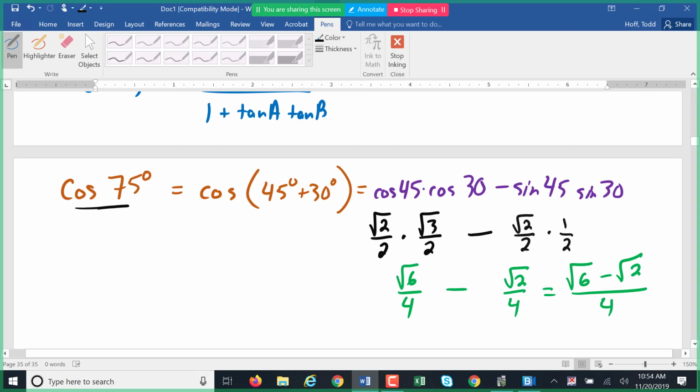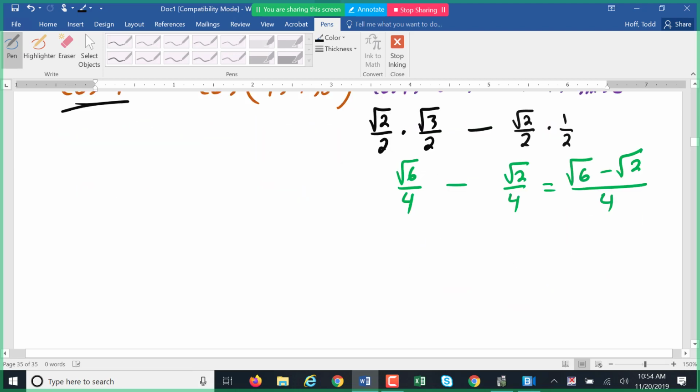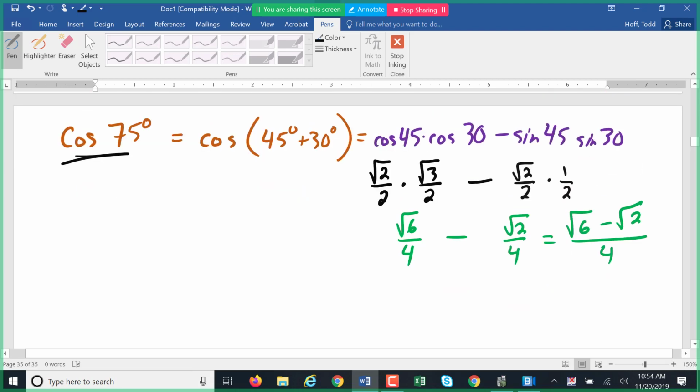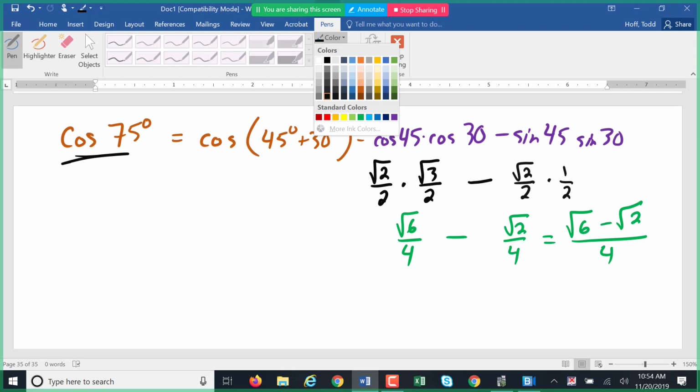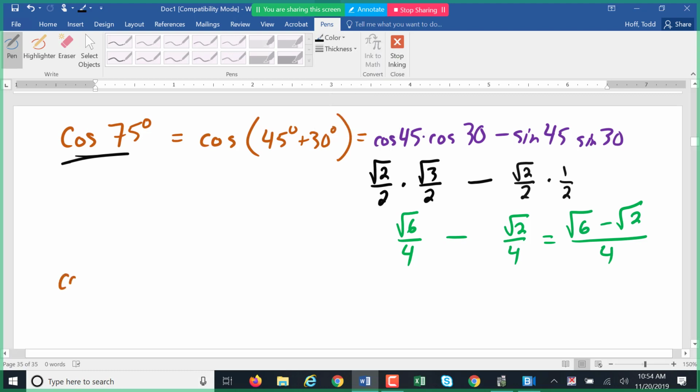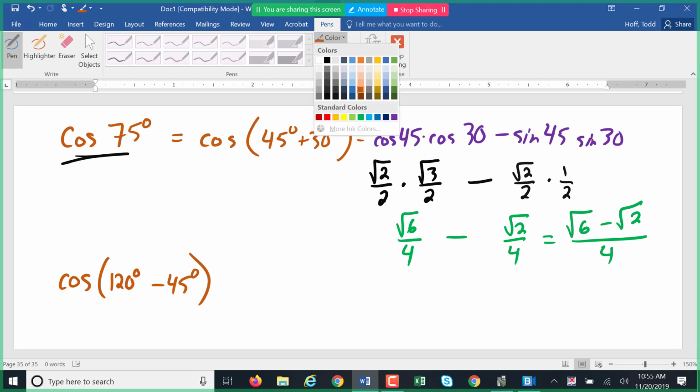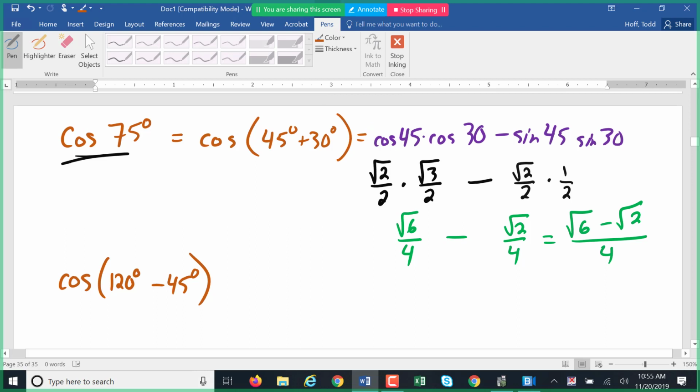Another way I could have found the cosine of 75 degrees is I could have done the cosine of 120 degrees minus 45 degrees. To do that, I would have to use an angle difference since I'm subtracting.